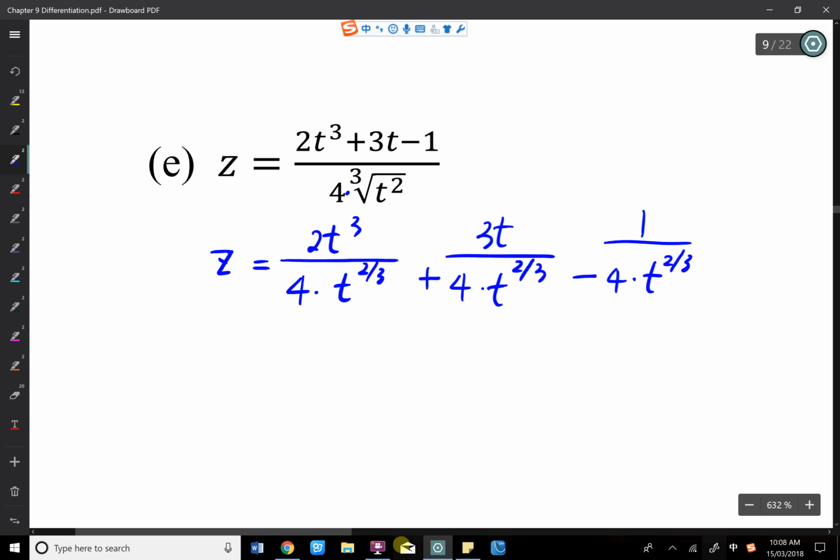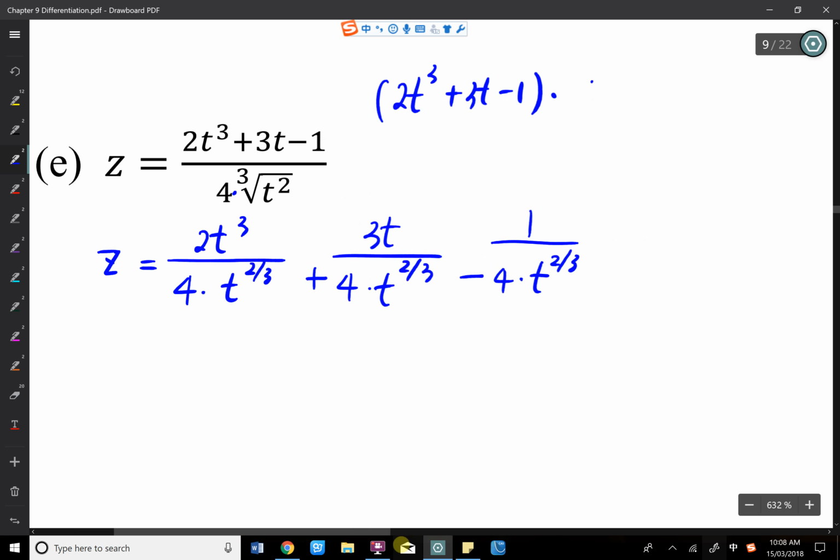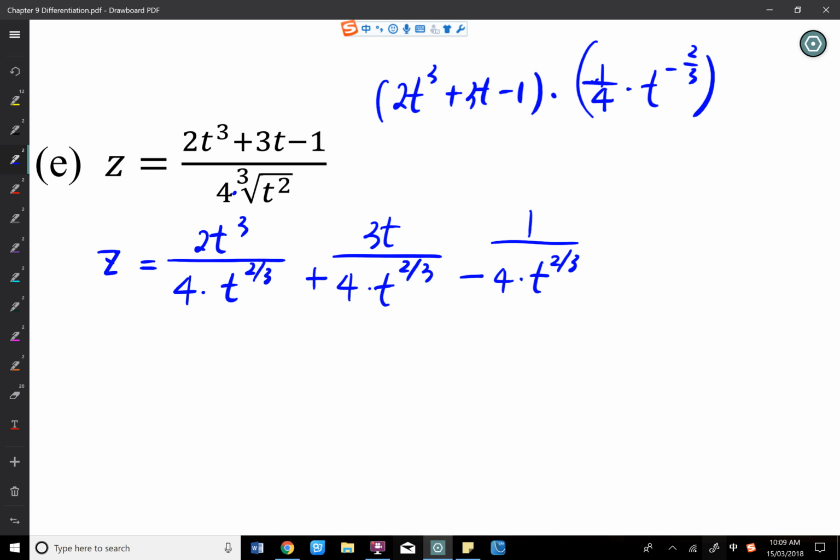Okay, I also see some of you write this times a quarter t to the negative 2 over 3 and then do expansion. I also see that as well. You can do this as well, expand it, or I can just separate directly like a over c, b over c and d over c.